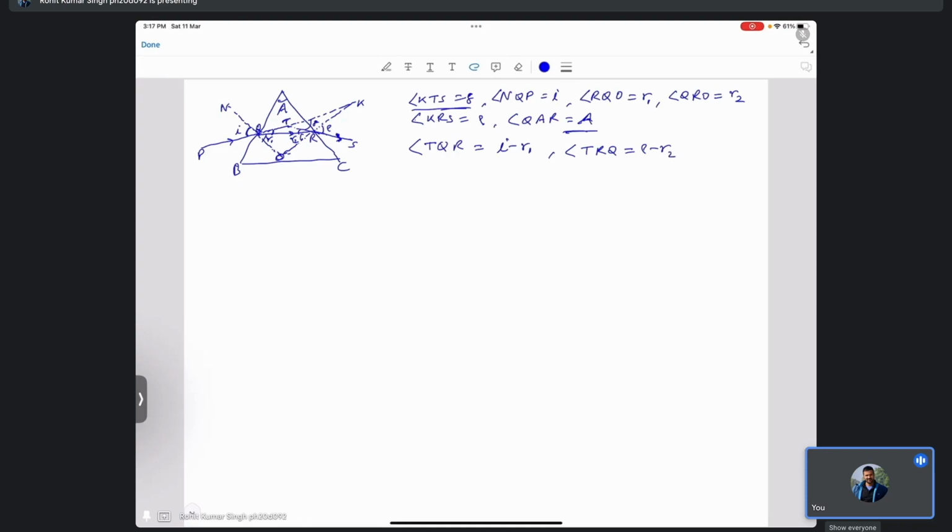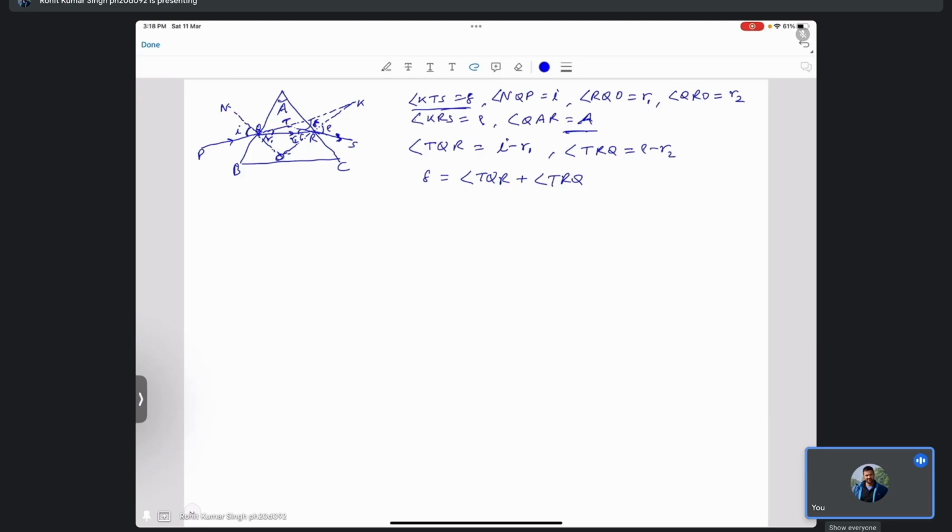Then you know the exterior angle property of a triangle, right? So this angle of deviation delta will be equal to, you don't know? Okay, yeah. So this delta will be what? Angle TQR plus angle TRQ, right?